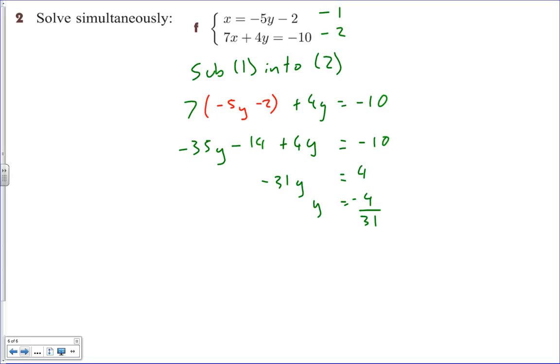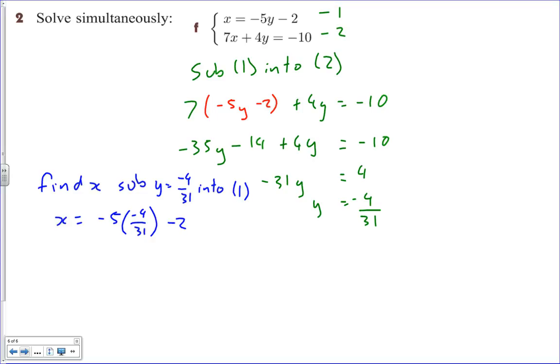Okay, so now we need to find x. Sub y equals negative 4 over 31 into 1. So x equals negative 5 brackets negative 4 over 31 close the bracket, take 2.